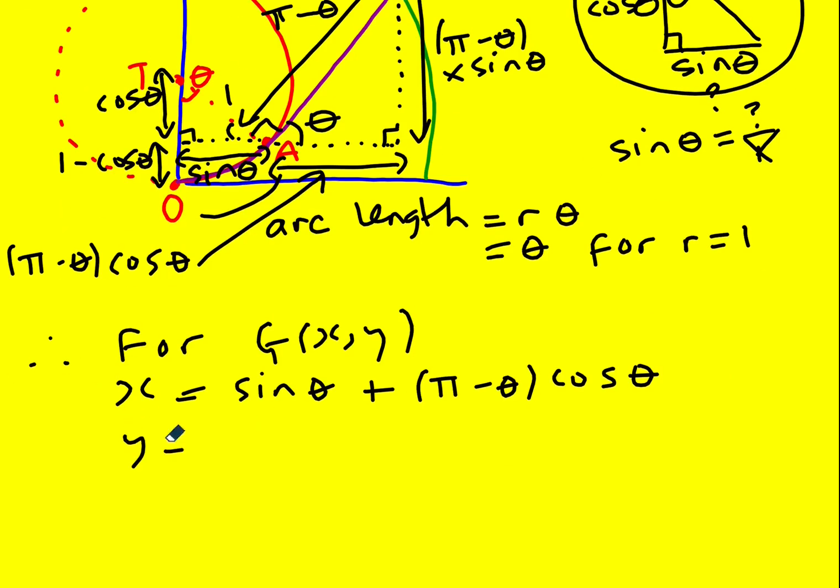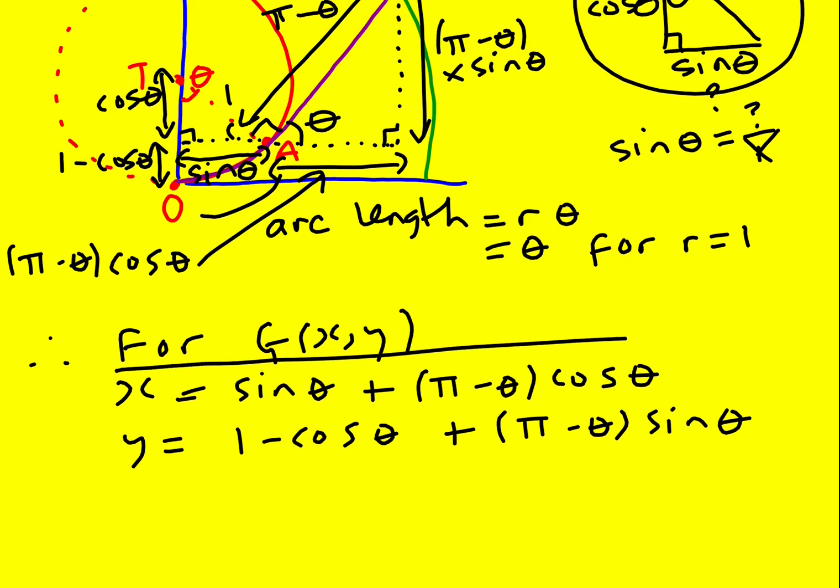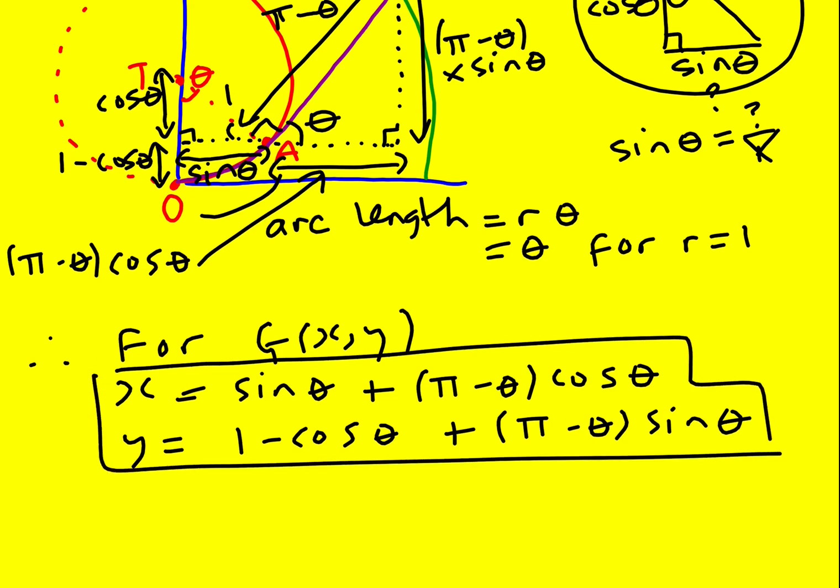And then y is going to be 1 minus cos theta to get from O to A, this distance, and then I'm going to be adding pi minus theta sine theta. So through this geometrical argument, we've managed to write down x and y parametrically for x greater than 0 and y greater than 0.